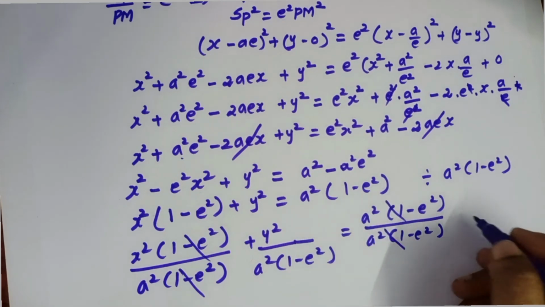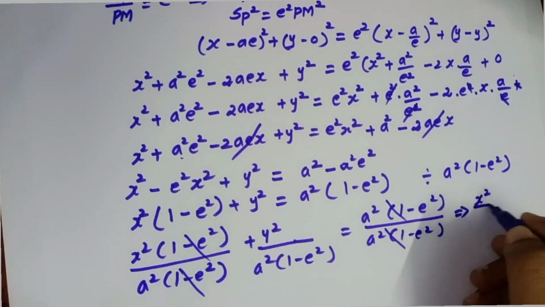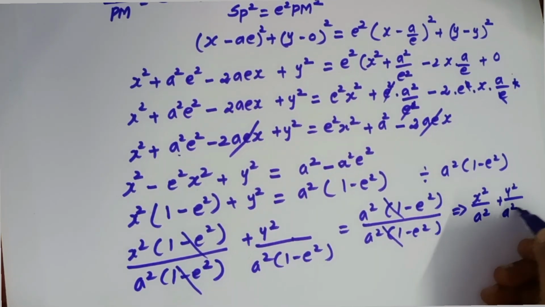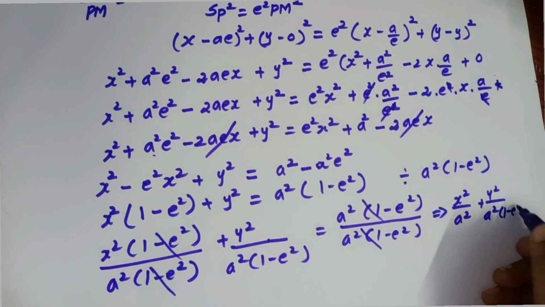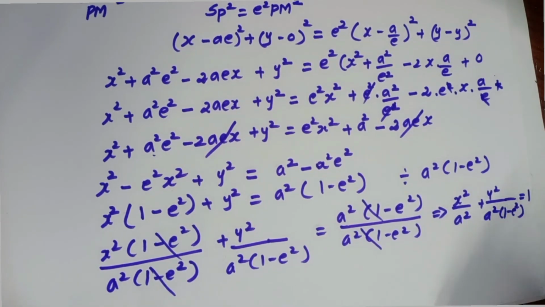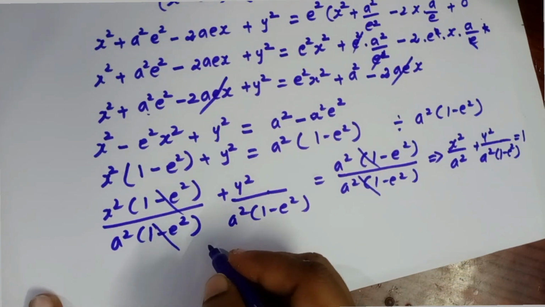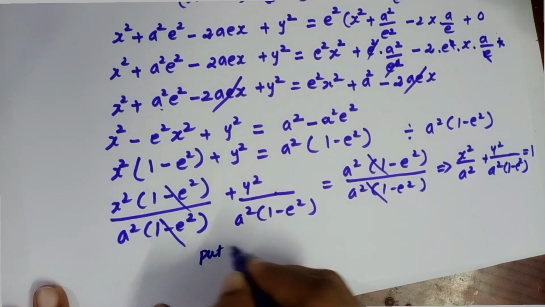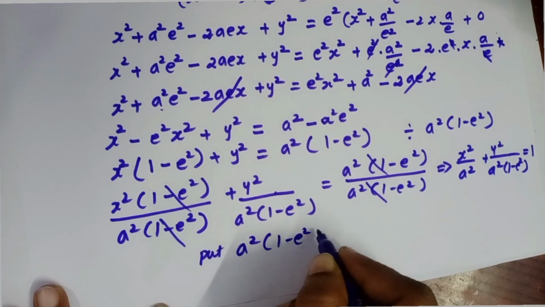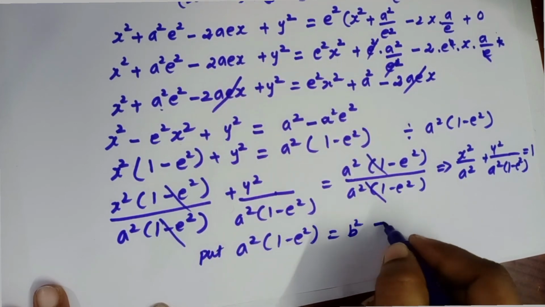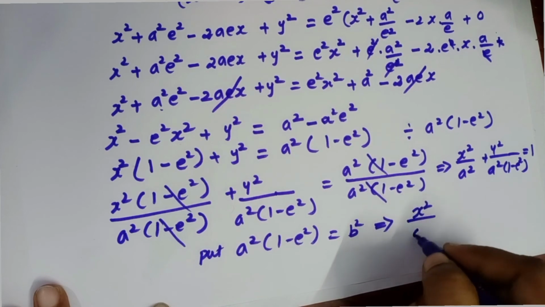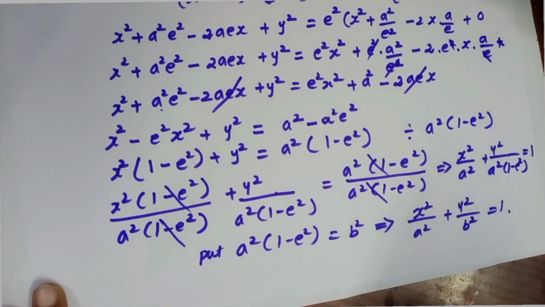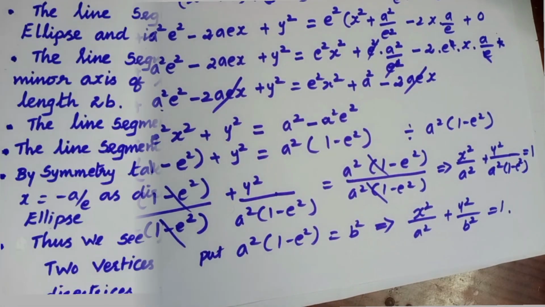The remaining is x squared by a squared plus y squared by a squared into (1 minus e squared), which is equal to 1. Now put a squared into (1 minus e squared) equal to b squared. The equation becomes x squared by a squared plus y squared by b squared equal to 1. This is the standard equation of the ellipse.